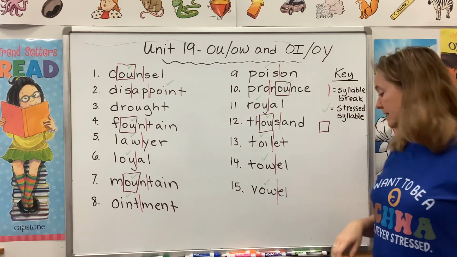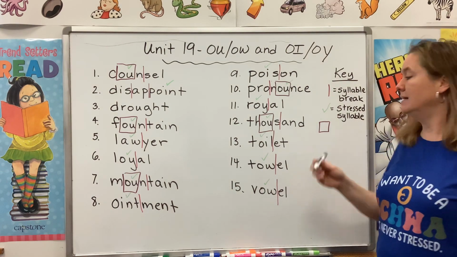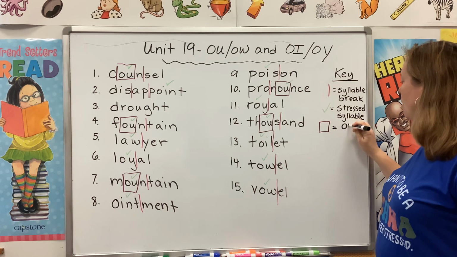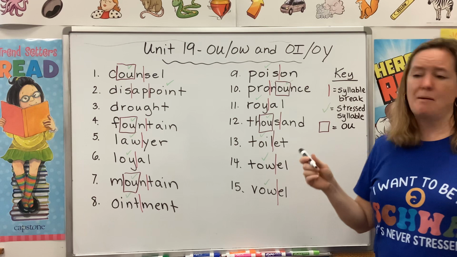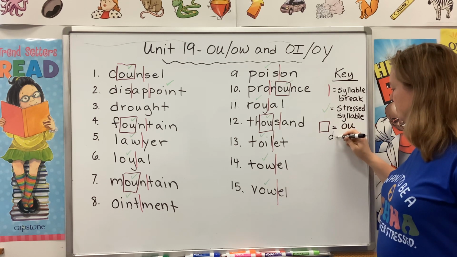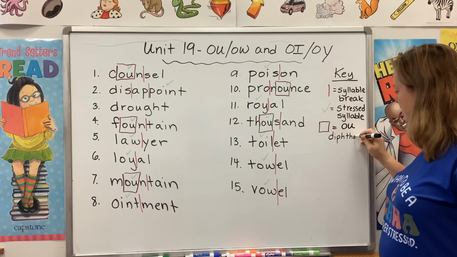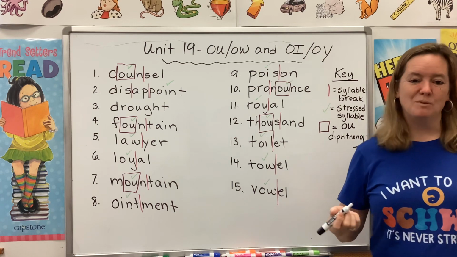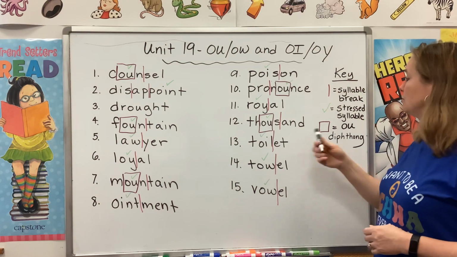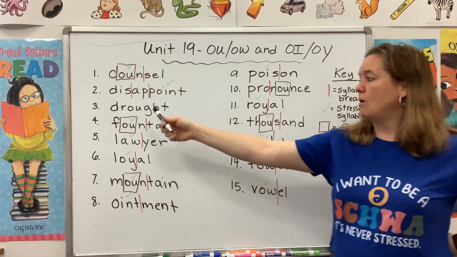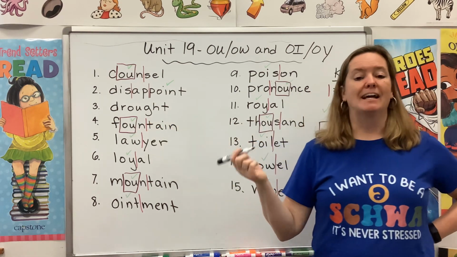Okay, in our key, purple box equals OU diphthong. I'm not going to write diphthong. I guess, you know what, I'll write it one time so you can see what it looks like, and then you can decide if you want to keep writing it. Okay, so in all those places we have OU saying ow.